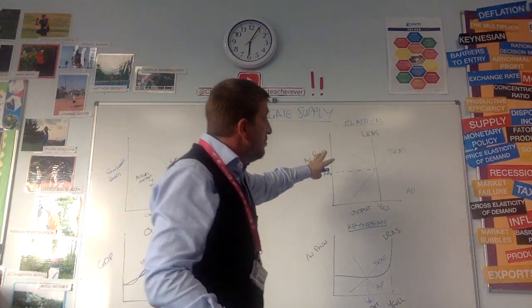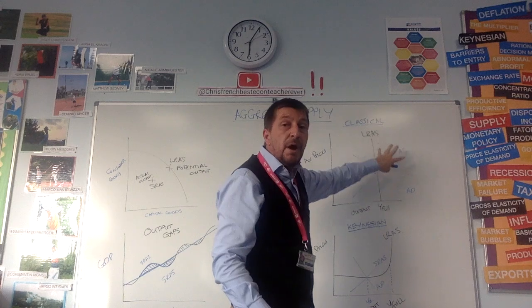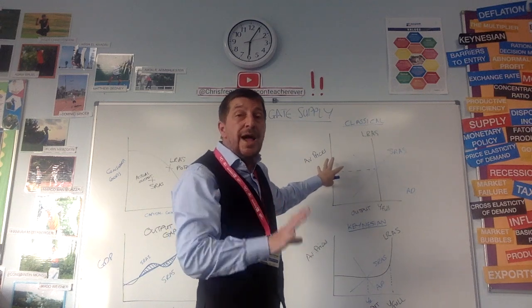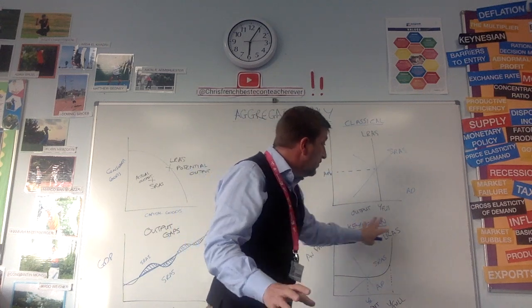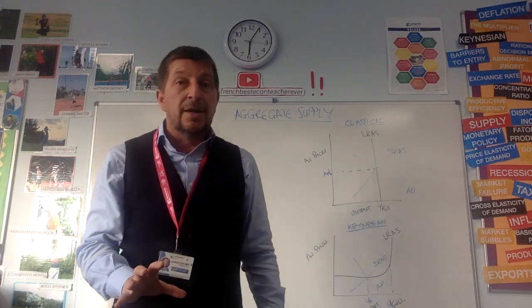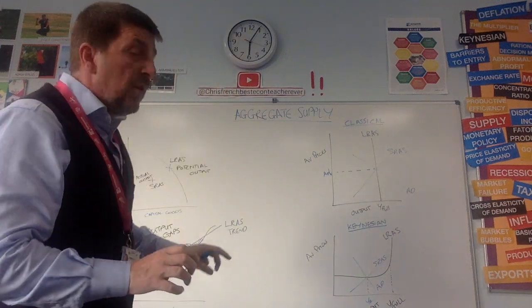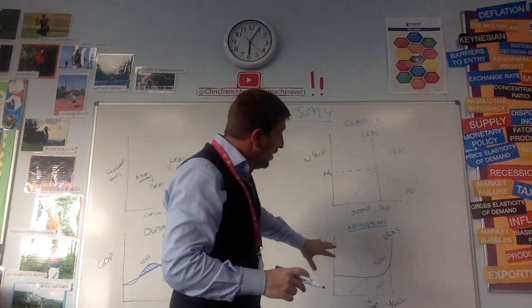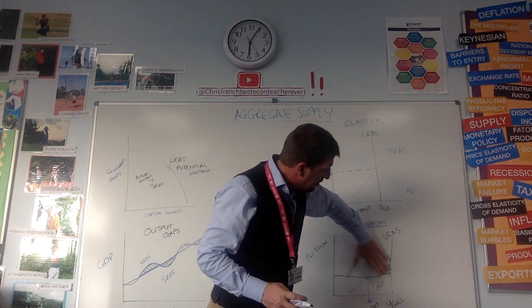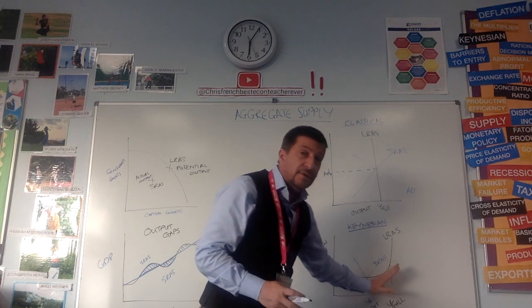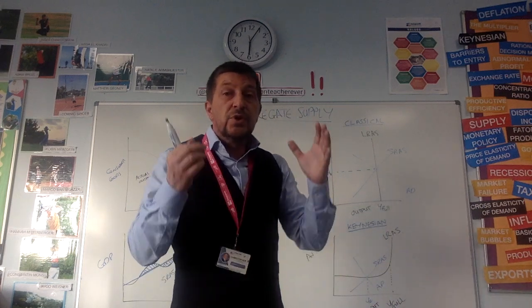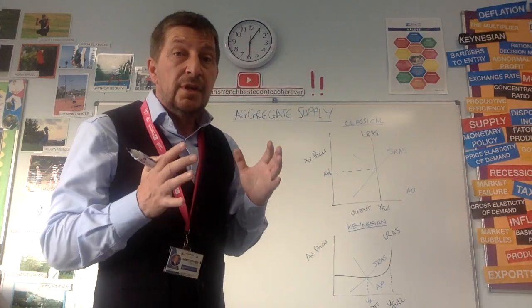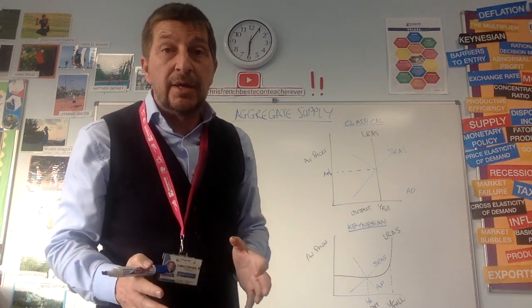The classical model suggests a free market operates on its own and works. The Keynesian model questions that idea and says, actually, no, we need to intervene in the market. We need to do something that is going to shift aggregate demand or aggregate supply. Now, of course, we can shift long-run aggregate supply.